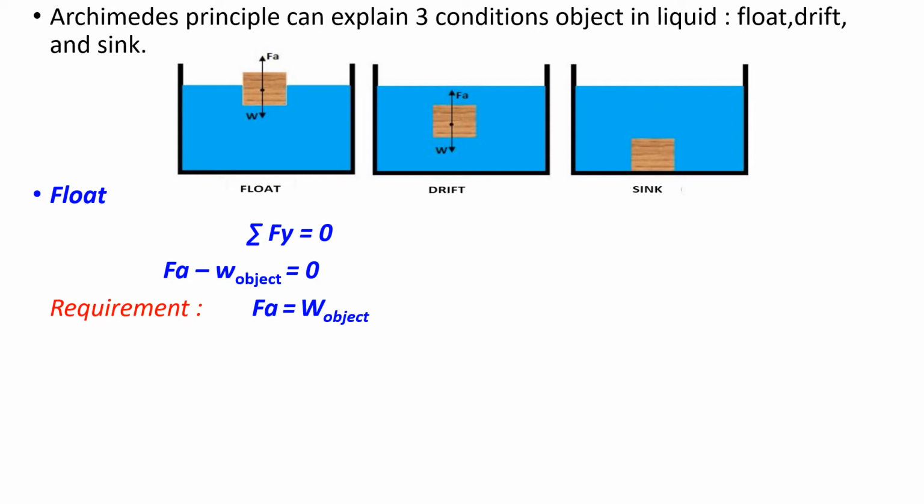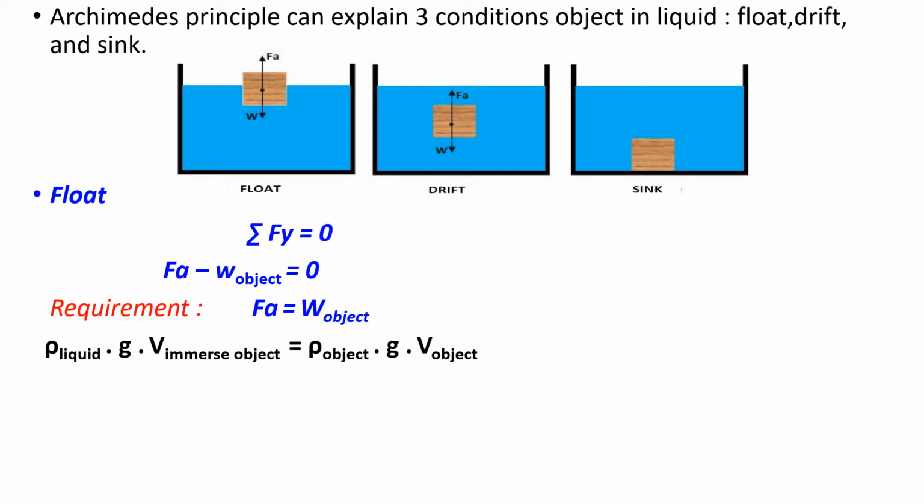Because we know that Fa equals density of liquid times g times volume of object immersed, and weight of object equals mass of object times acceleration of gravity, where mass of object equals density of object times volume of object.